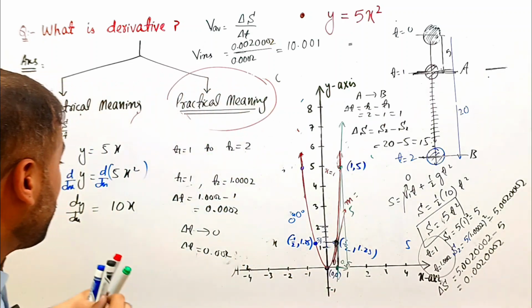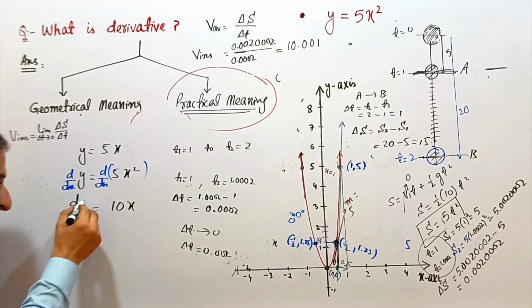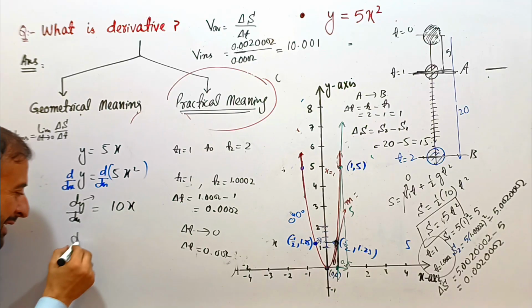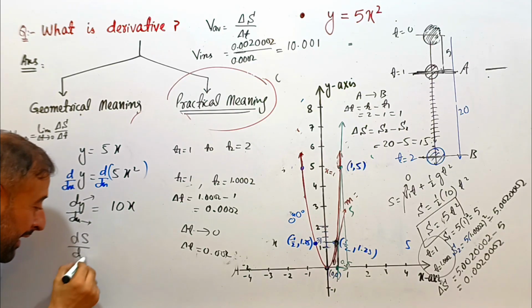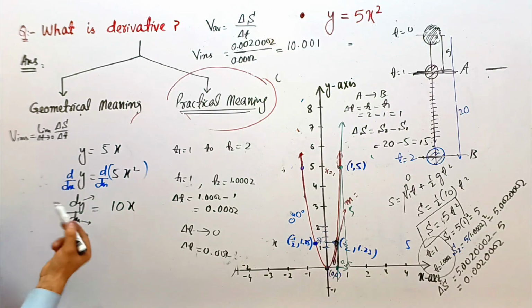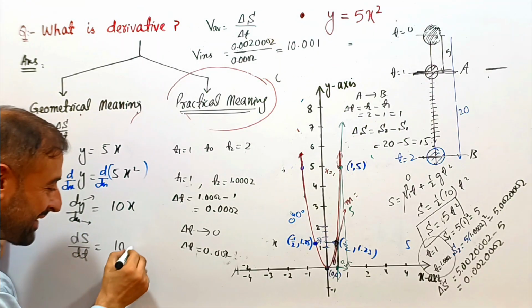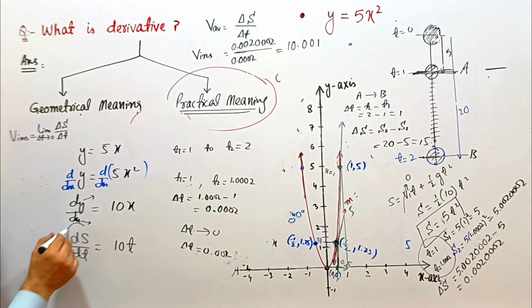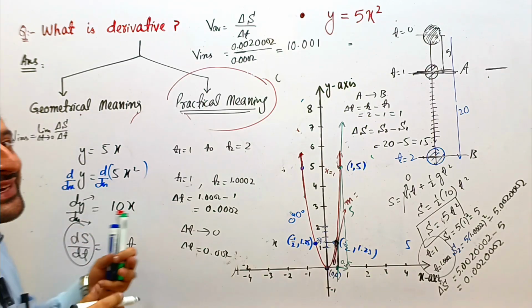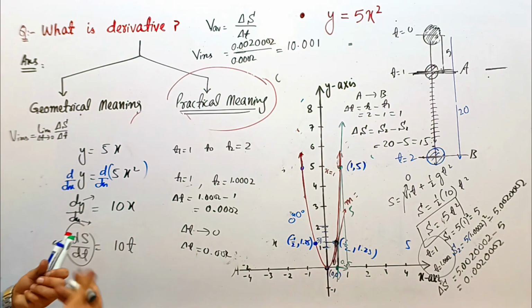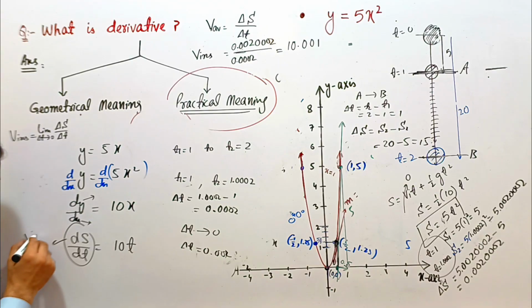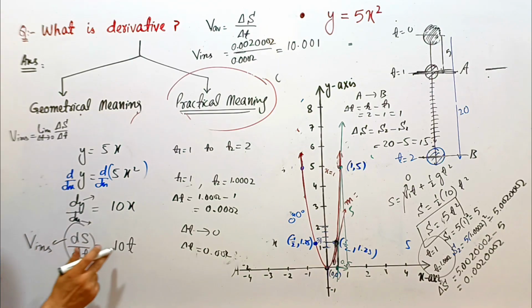Now if y is s and x is t, then the derivative shows instantaneous values, and of course distance over time is velocity. This is the expression for the instantaneous velocity.